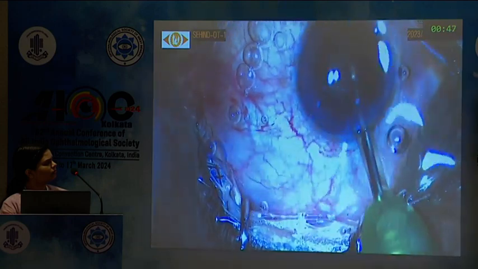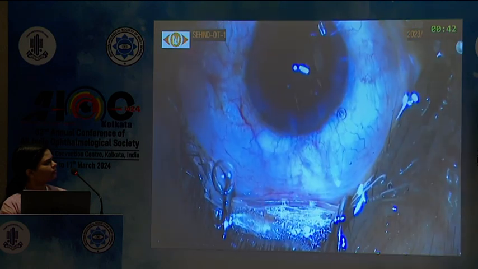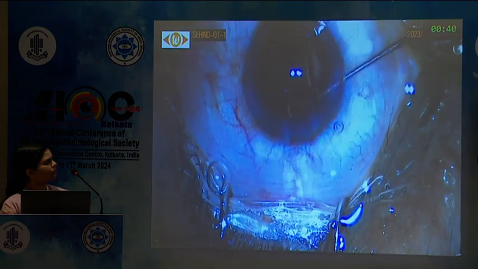The rest of the phacoemulsification was carried out in the usual manner. An IOL was implanted into the capsular bag.